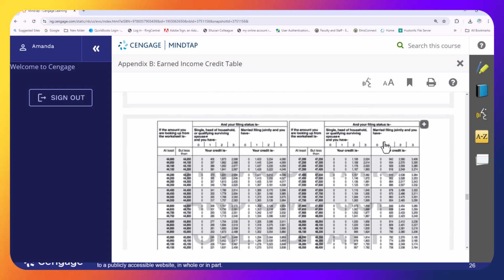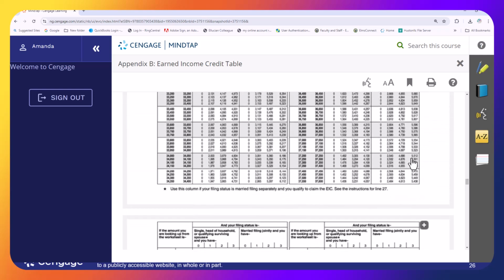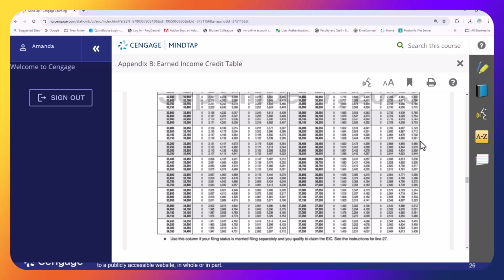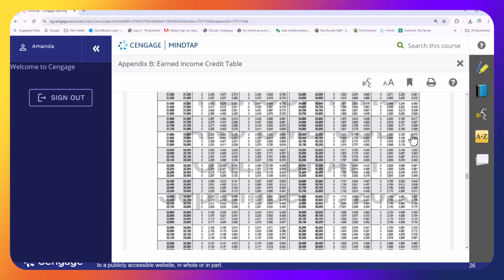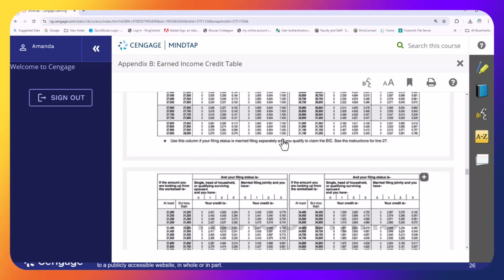If you were married filing joint and you had 47,250 and 3 children as your AGI, you would get 3,406 in the credit, right? And I go up here, the max EIC is somewhere in here, 5,690, oh, a little bit more, 6,102, 6,776 is the max credit here.